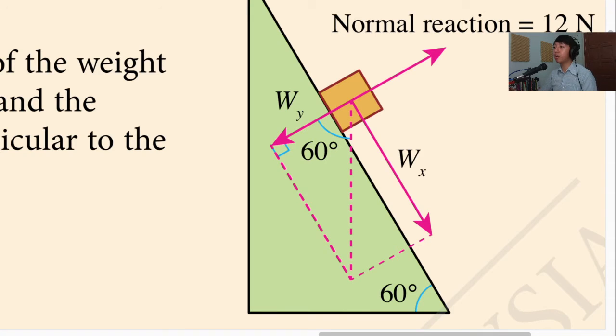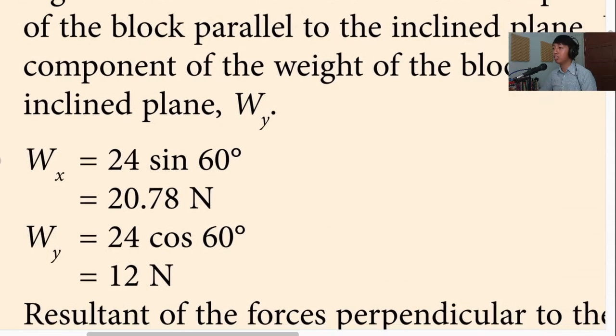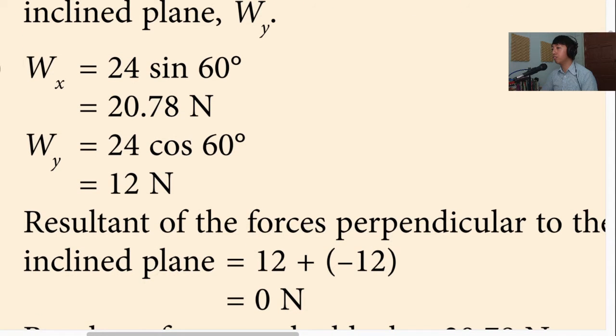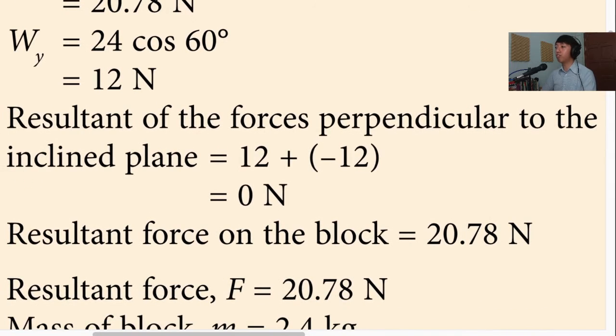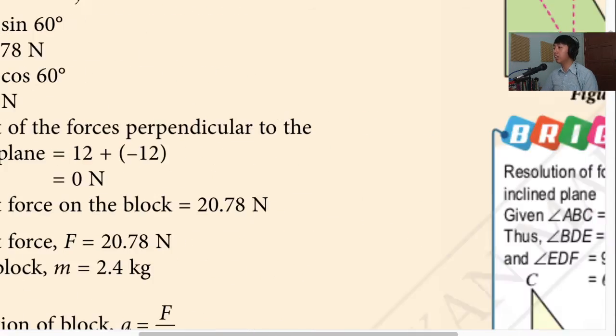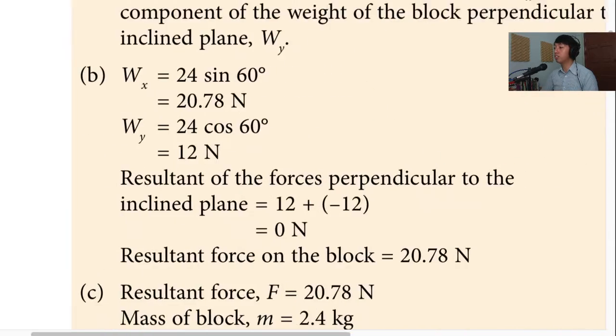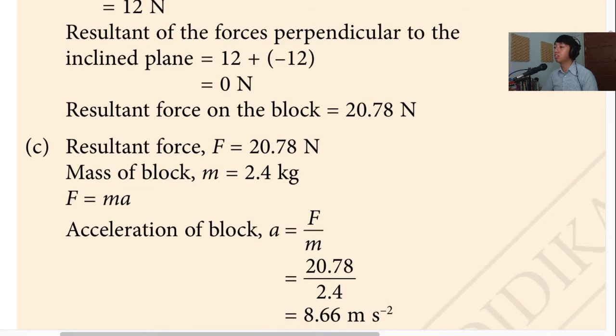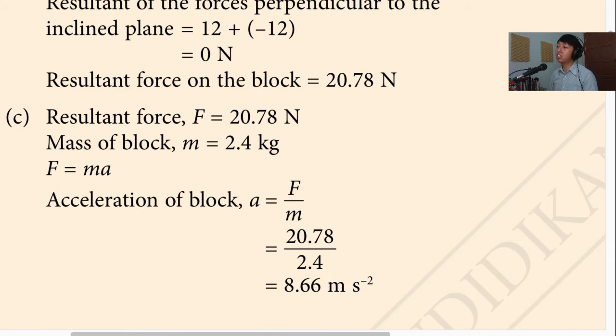So sin would be the correct one to use. That's just something to take note of. So 24 sin 60 equals 20.78 newtons, and the other one, 24 cos 60, is 12 newtons. So the resultant force perpendicular to the inclined plane is 0, and the resultant force on the block is 20.78 newtons. Calculation of the acceleration is exactly the same.